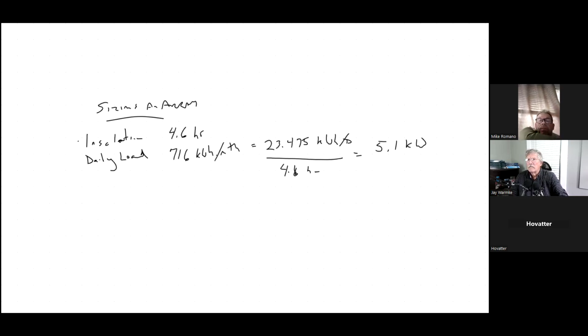But I know my system's not going to be 100% efficient. So I divide that by the inefficiency. Well, what are our normal inefficiencies? Normally, you've got voltage drop. So we try and maintain that somewhere below 2%.